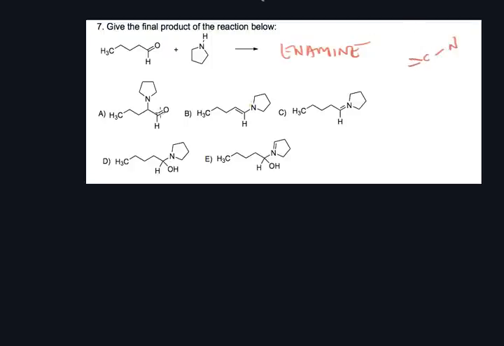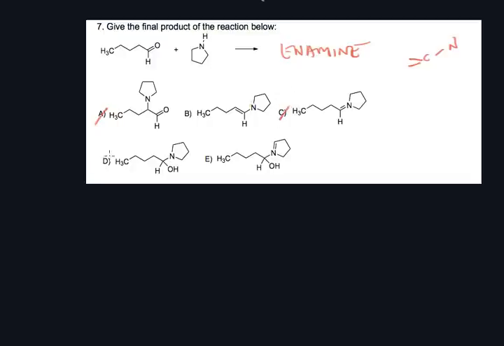And so you can literally go through these answer choices, and if you know that a secondary amine is going to add to an aldehyde to form an enamine, you can eliminate answer choice A because there's not an adjacent double bond. You can eliminate choice C because that's an imine product, where the nitrogen would be double bonded to the carbon from the carbonyl compound.